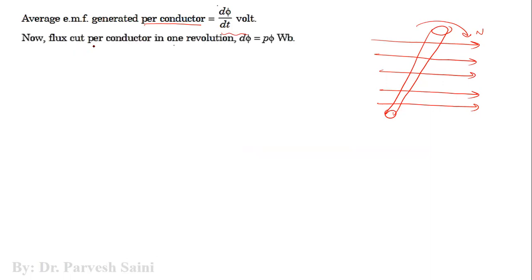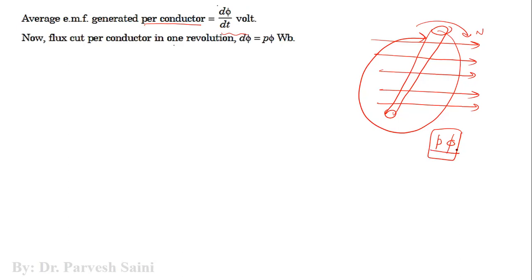Now, the flux cut per conductor in one revolution. When this conductor completes one revolution, that is the amount of flux cut. Now, if we have P number of poles, and every pole produces phi flux, the total flux produced at one time in the air gap of the DC machine is P phi Weber.